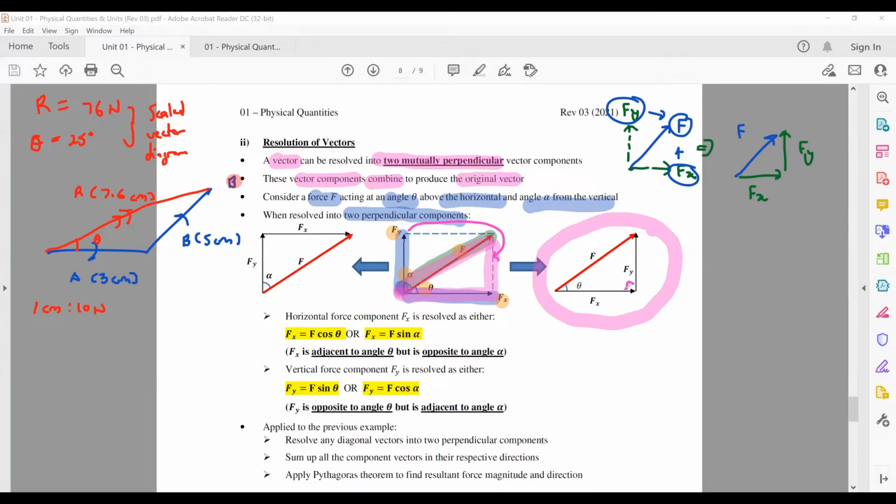Now, from here, you can work out a few relations based on your knowledge of sine and cos.